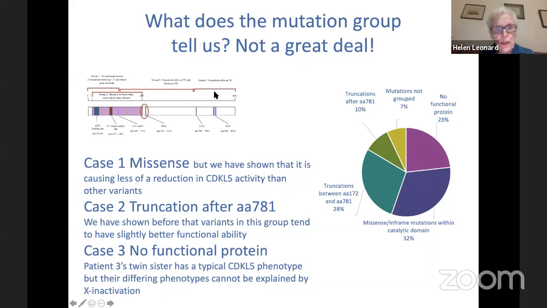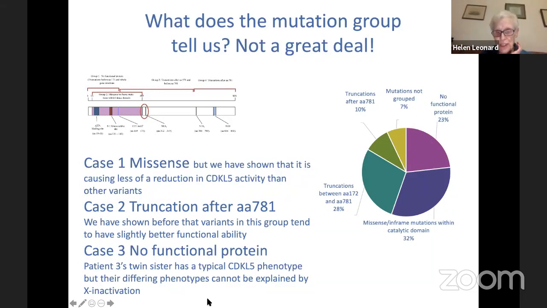So this is this group here, which we have shown in the past seem to have a slightly milder phenotype and more functional ability. And then the last young woman has a mutation which comes into this group of no functional protein.